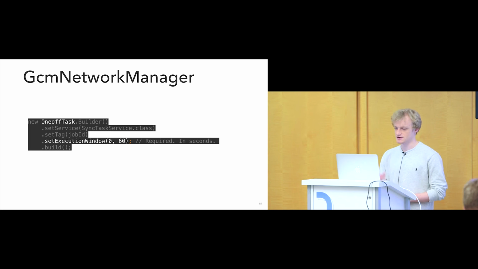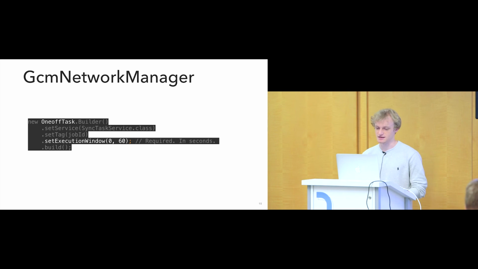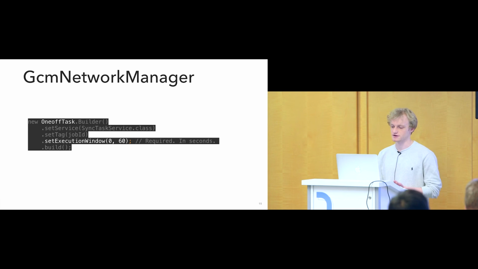Then one-off task, basically the same API as the previous slide. The only real difference is instead of set period, we set the execution window. Again, in seconds. The first value is the time from now in seconds that you can be executed, and then the time that it needs to be within.